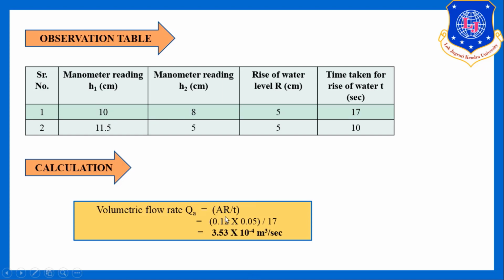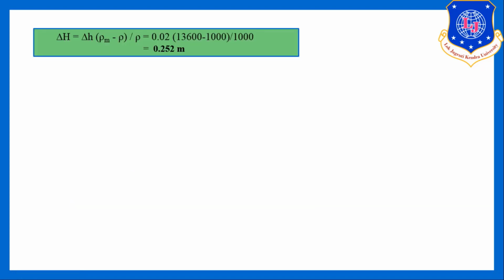Area of the measuring tank is 0.12, R for the first reading is 0.05 meter and time is 17 seconds. When you solve 0.12 into 0.05 divided by 17, you get 3.53 into 10 raised to minus 4 meter cube per second. This is the volumetric flow rate QA, the actual volumetric flow rate.